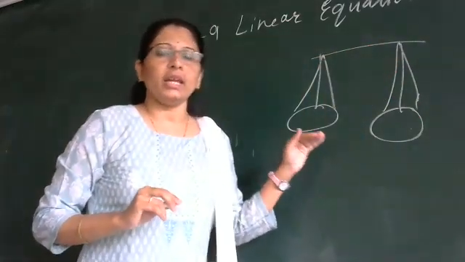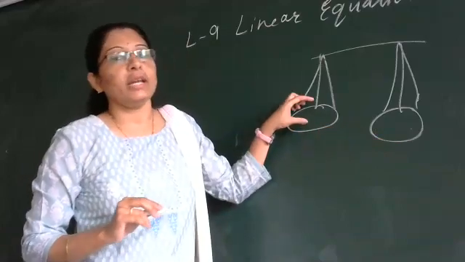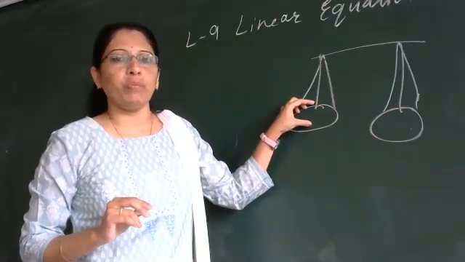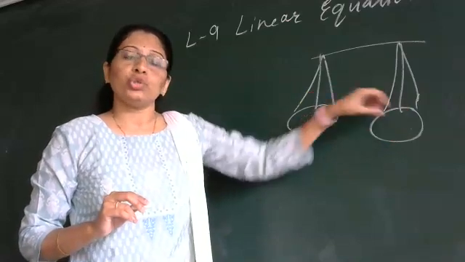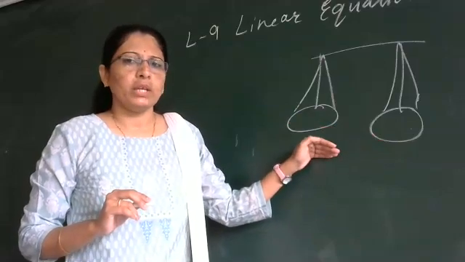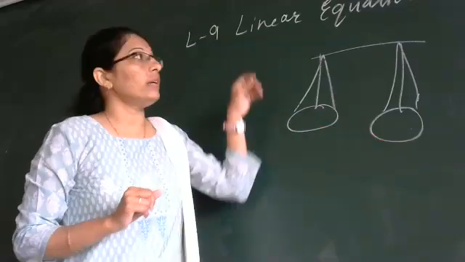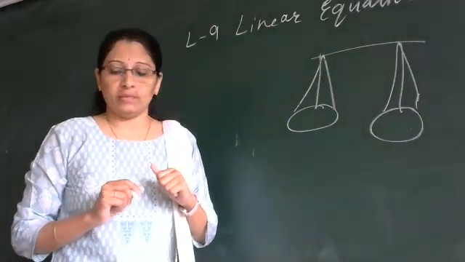When you are taking any vegetable, the weight is put on one side and the vegetables on this side, so it should be equal. It should be balanced. Like that, equations also should be balanced.